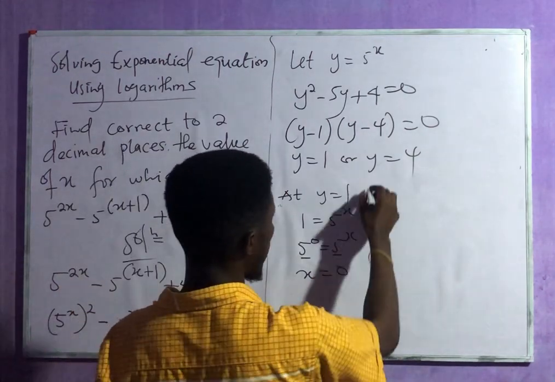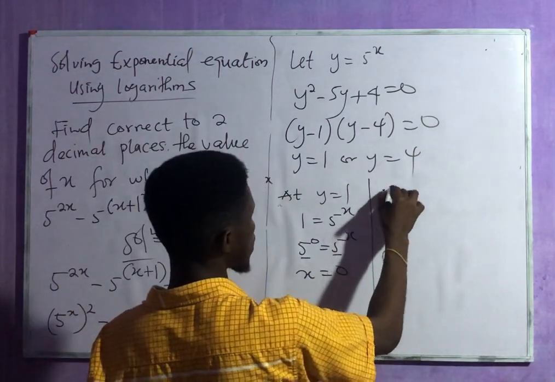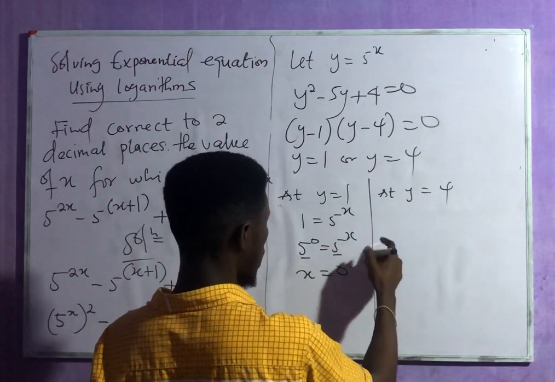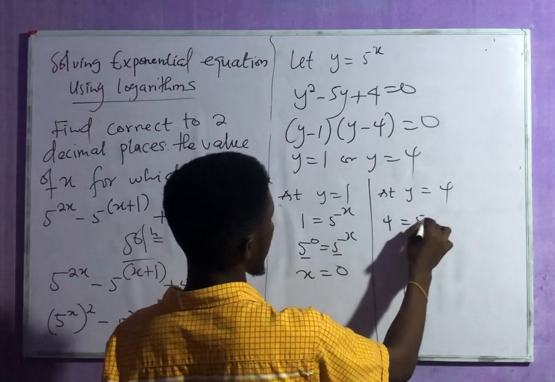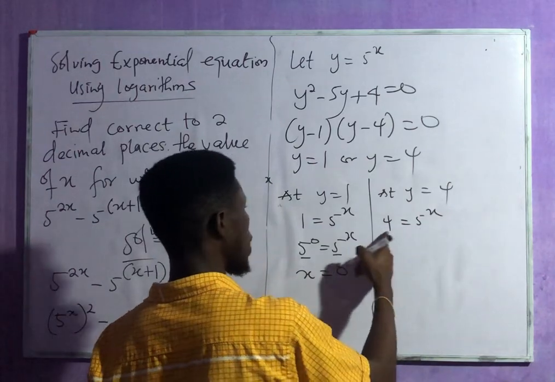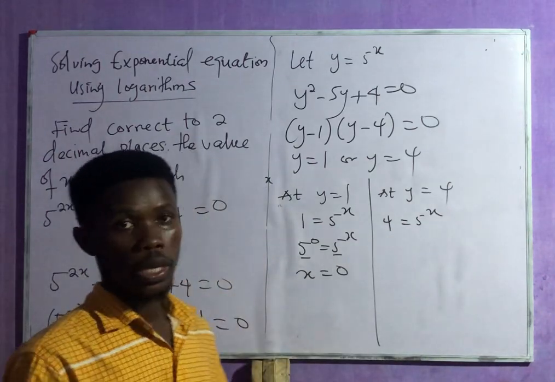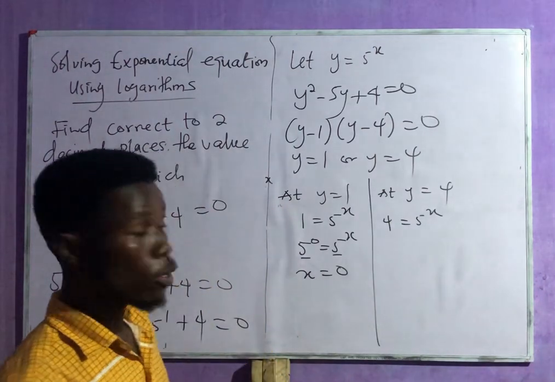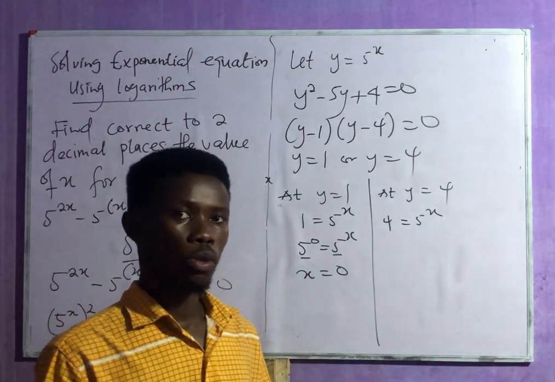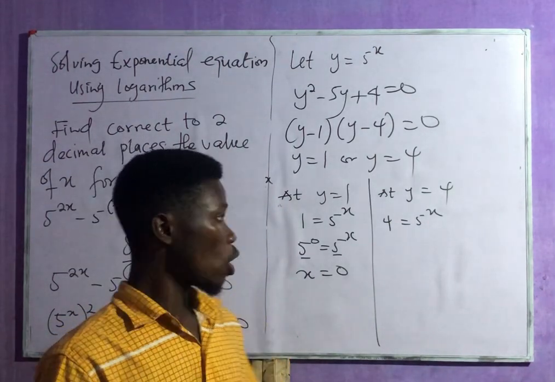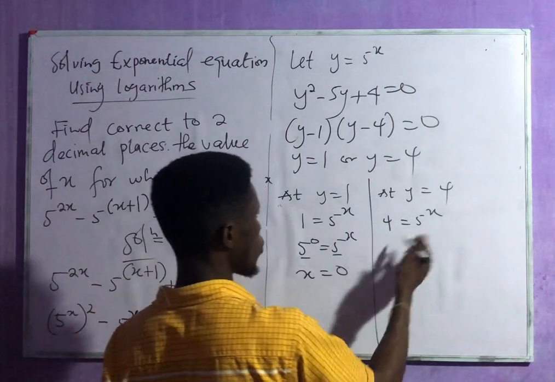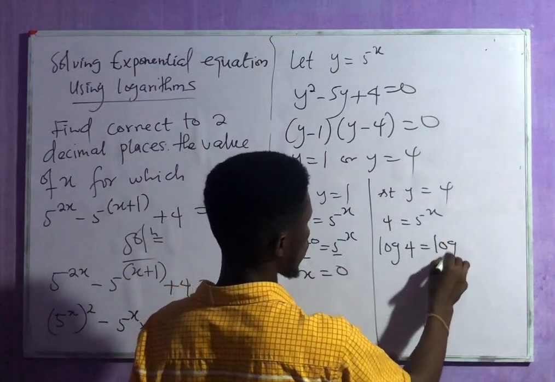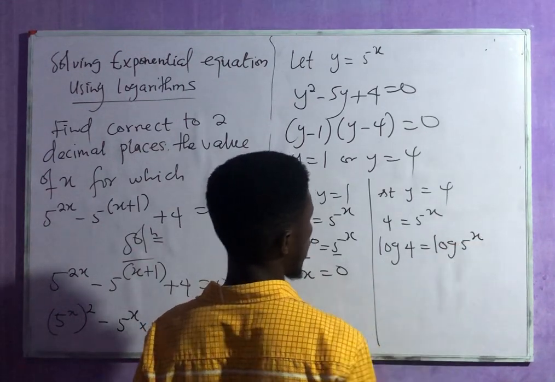Now looking at the other side, at y equals 4, I have 4 equals 5 to the power x. Now this side, I don't know the magic or the mathematics we are going to do to make the bases the same. So the only thing you do is introduce the logarithm on both sides. So I have log 4 equals log 5 to the power x.